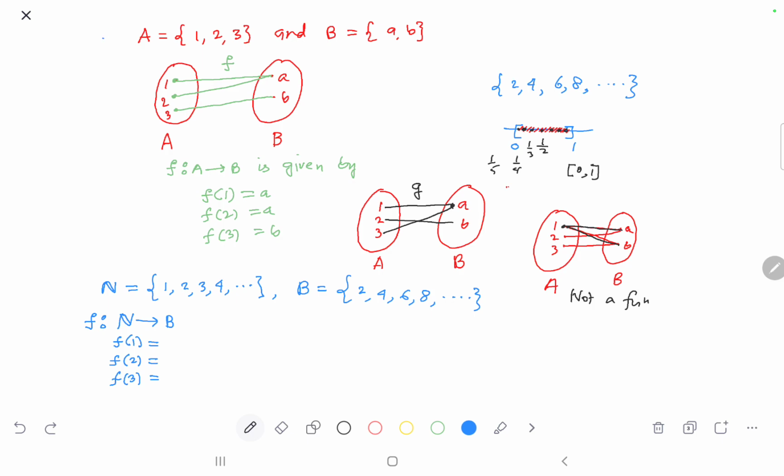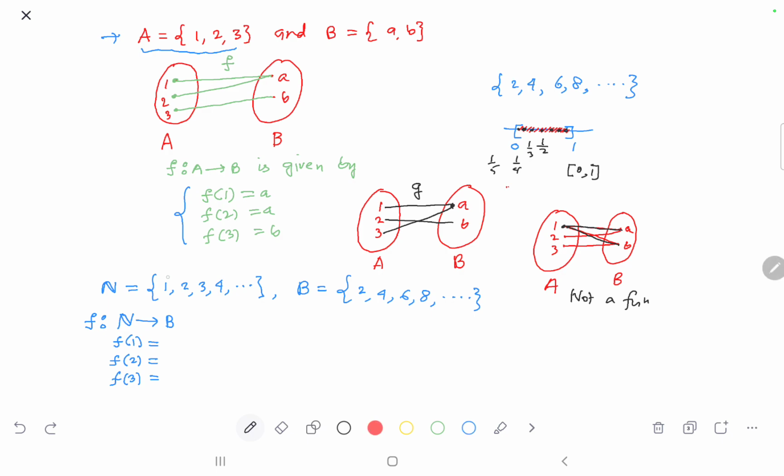For the earlier case, A was a finite set, so we could draw the diagram, join them, and explicitly write down all images, right? Here you can draw the diagram, but from the diagram it will not be clear. So I can give one function here.